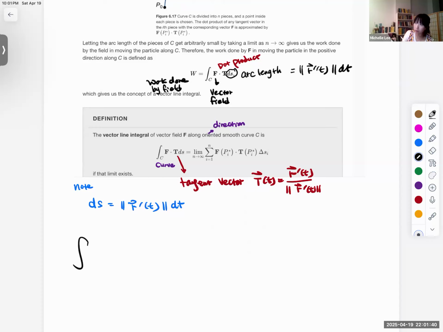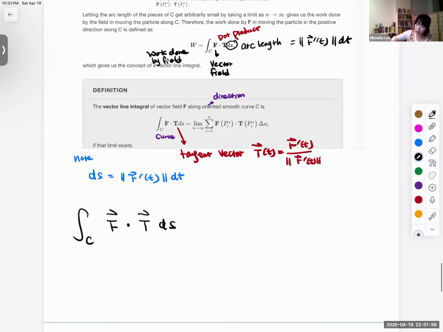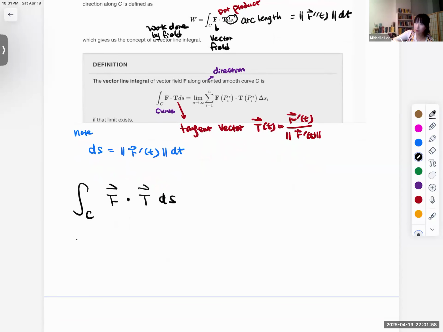So we have the integral over the curve, the line integral, vector field dot product with tangent vector ds. The tangent vector we can express as r prime of t over magnitude of r prime of t, right?